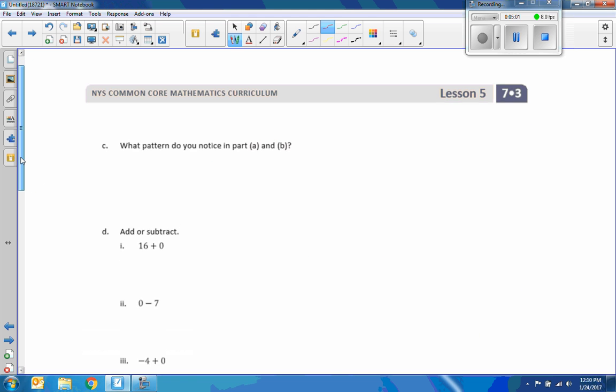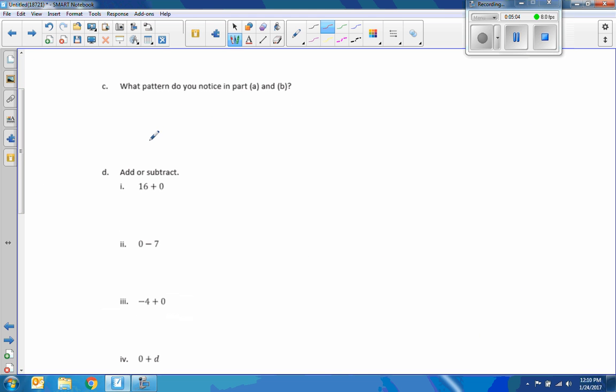Okay. Our part C. What pattern do you notice in parts A and part B? Okay, so what we would say here is, the sum of a number and its additive inverse is equal to 0.